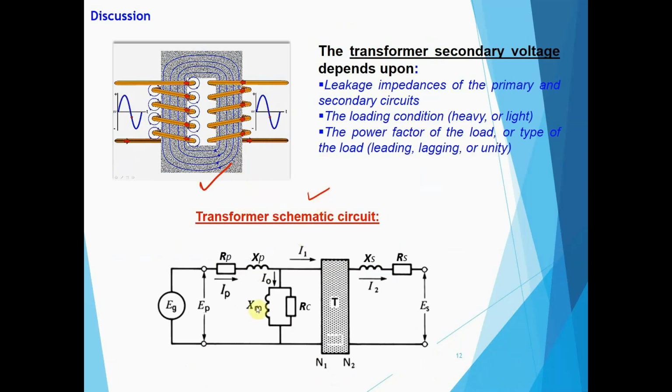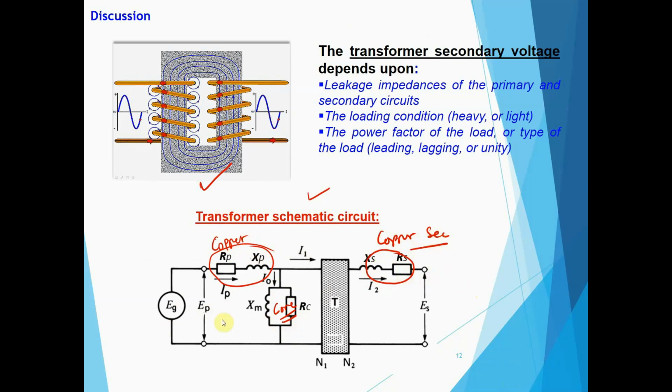Okay? Now, considering the losses, I can represent this transformer in a schematic circuit. This here is the core losses, and this part is the copper loss in the primary side, and this is also the copper loss in the secondary side, right? This is the exact schematic circuit of a transformer.